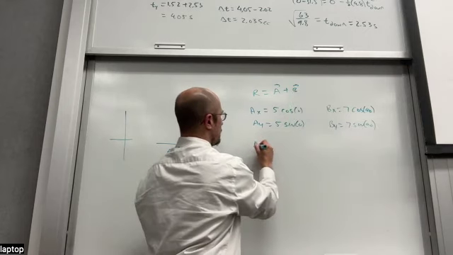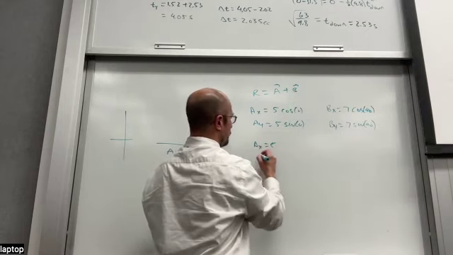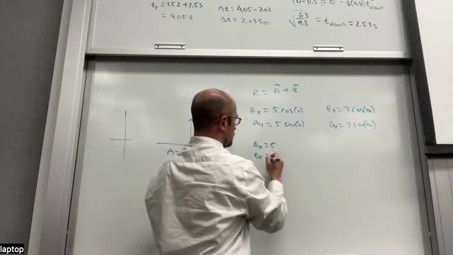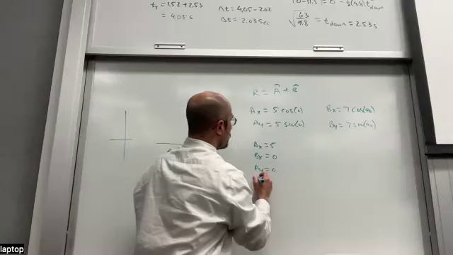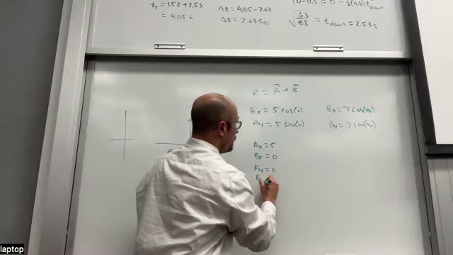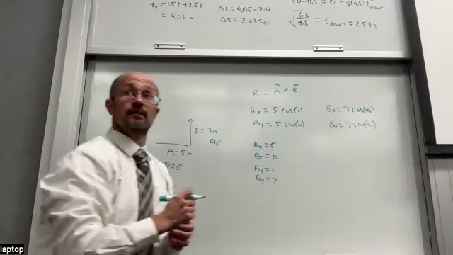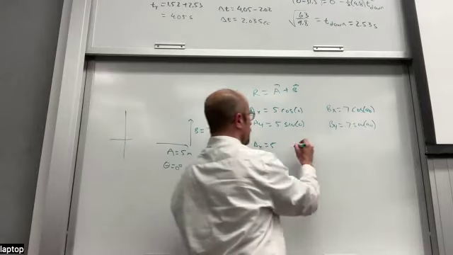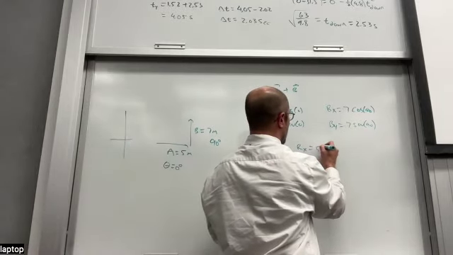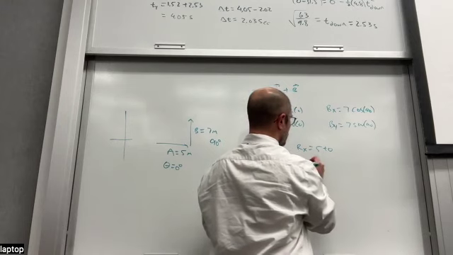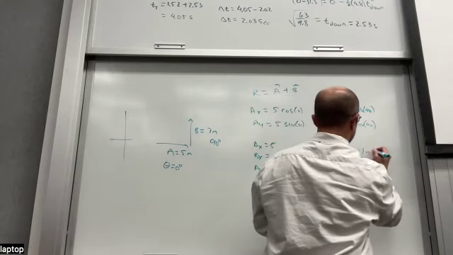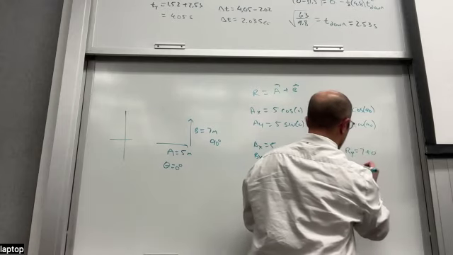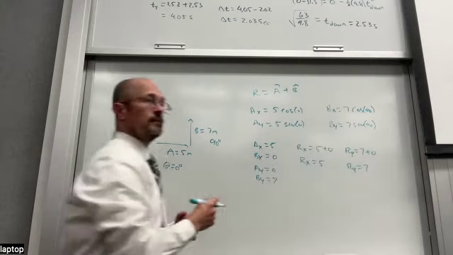So what we see is that AX is equal to 5, BX is equal to 0, AY is equal to 0, and BY is equal to 7. So when we add these up, RX is 5 plus 0, so RX is 5, RY is 7 plus 0, so RY is 7.